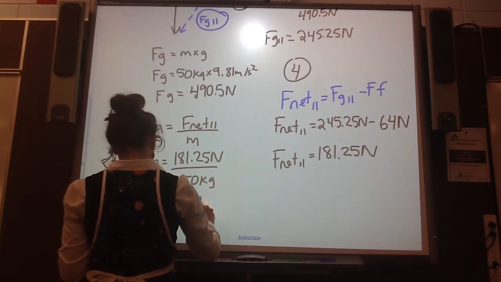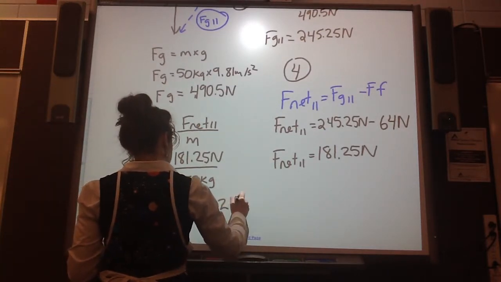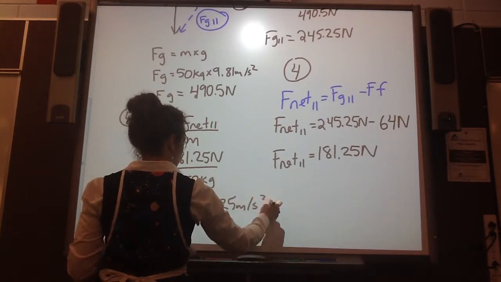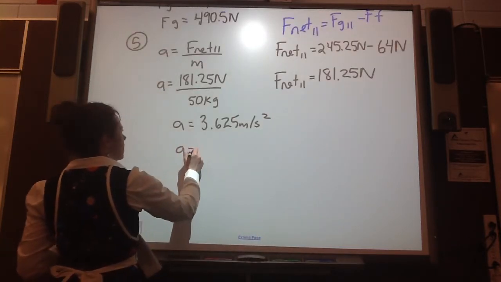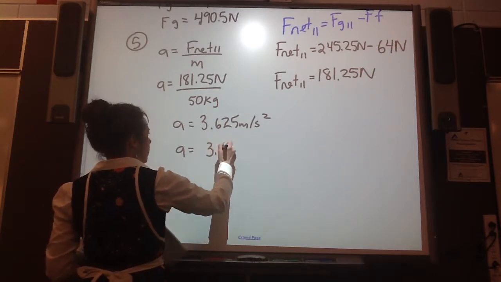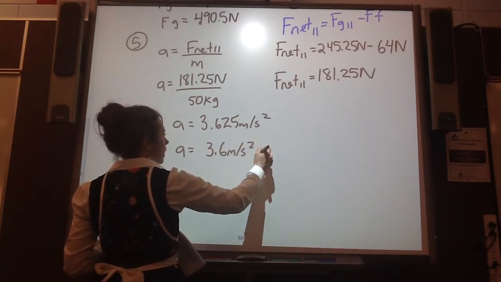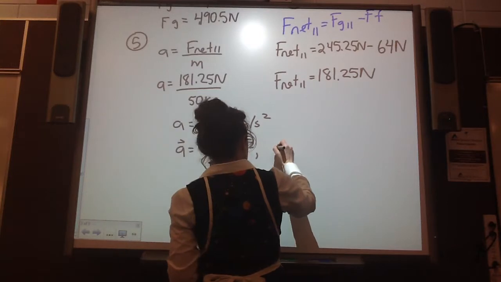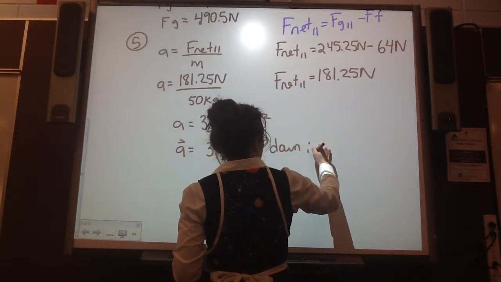So A is equal to 3.625 meters per second squared. In sig digs, that needs to be 3.6 meters per second squared. And this is just going down incline.